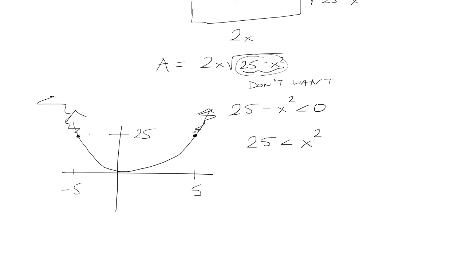So we have to make sure that x has to be between negative 5 and 5 to ensure that the square root of the inside, or the 25 minus x squared, will be greater than or equal to 0. So the domain is square bracket negative 5 to 5.